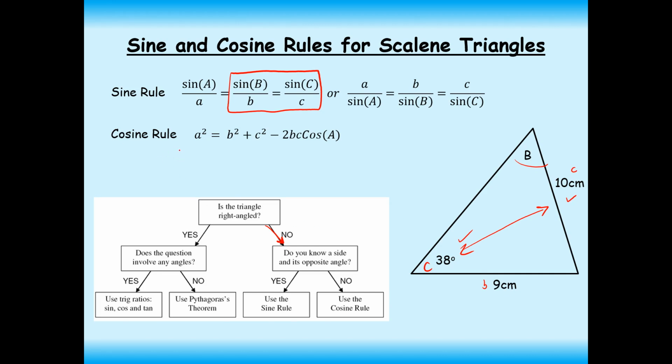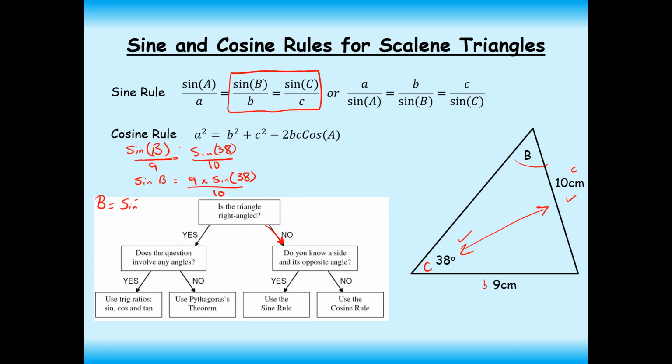So I'm gonna write sine of B divided by 9 equals sine of 38 divided by 10, and cross multiplying by 9, I will have sine of B equals 9 lots of sine 38 divided by 10, and the last step is to take sine inverse.